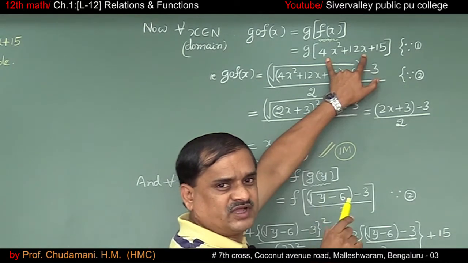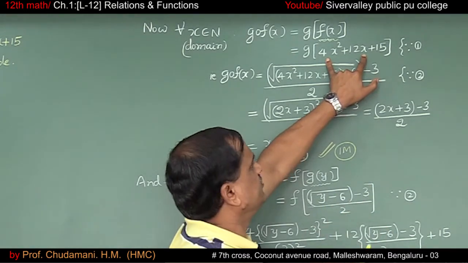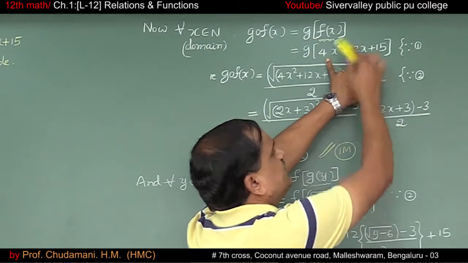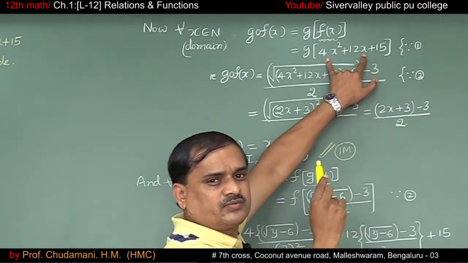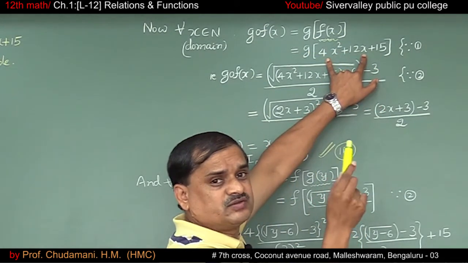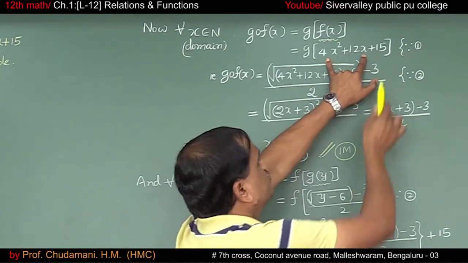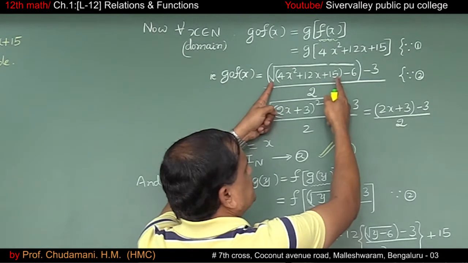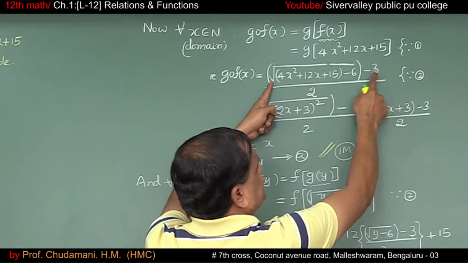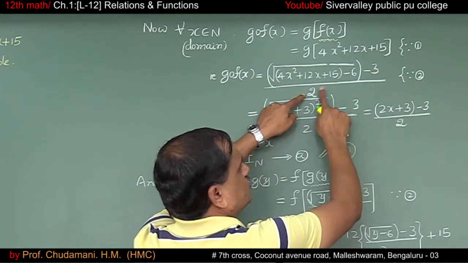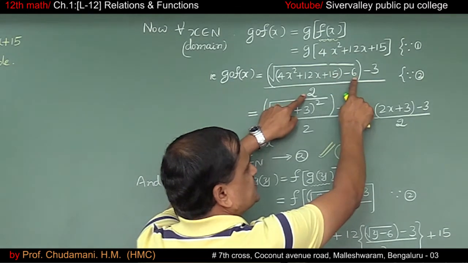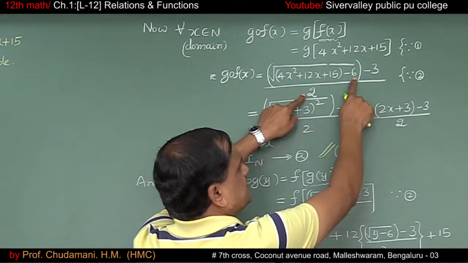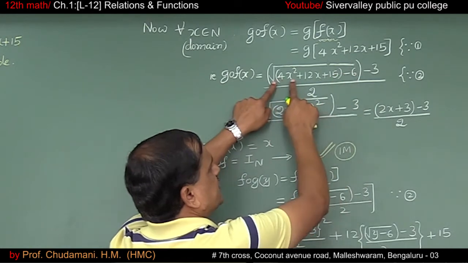Root of y minus 6 minus 3 divided by 2. g of t means root of t minus 6 minus 3 divided by 2. g of this means root of this minus 6 minus 3 divided by 2. 15 minus 6 means 9. 9 can be written as 3 square.